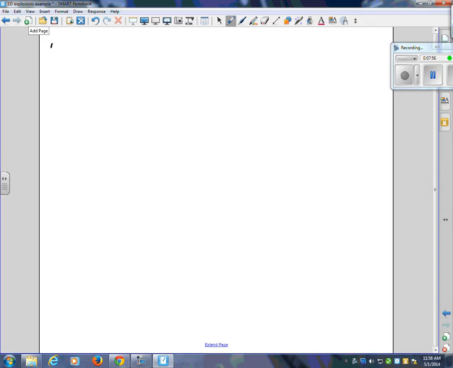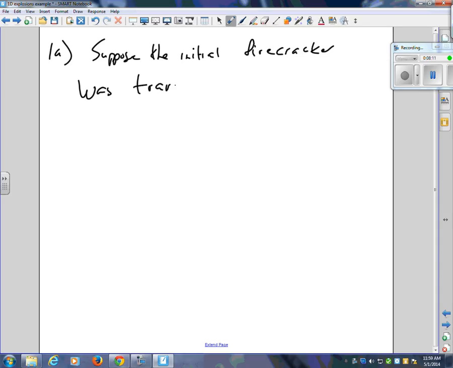Flip the page over, and I'll just write, suppose the initial firecracker was traveling at, I'll make it easy, 2 meters per second. Then you just plug it into the left side like before, right?